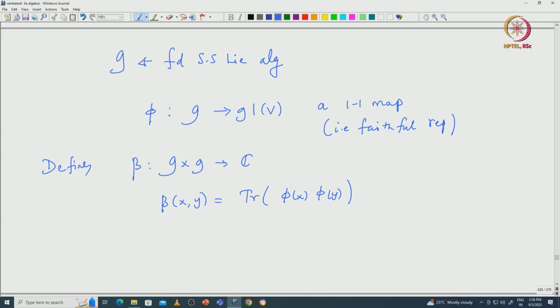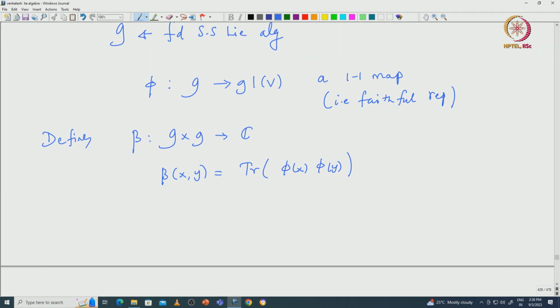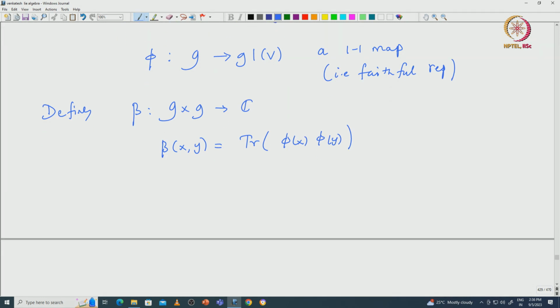The Killing form, if you recall, is kappa(x, y) equal to the trace of ad x composed with ad y, which is defined for the adjoint representation. Now, one can easily generalize that definition to any representation pi.